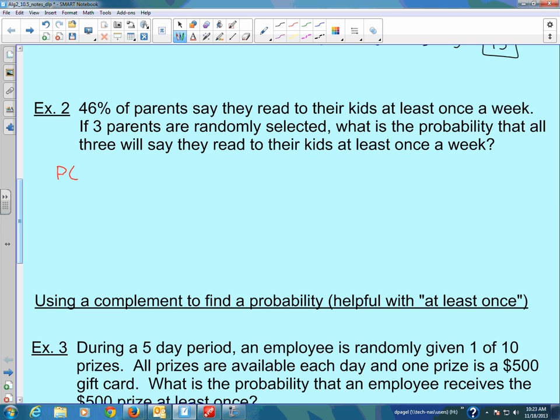And we say the probability that three sets of parents read to their child at least once a week would be the probability that the first set of parents do times the probability that the second set of parents do times the probability that the third set of parents do.